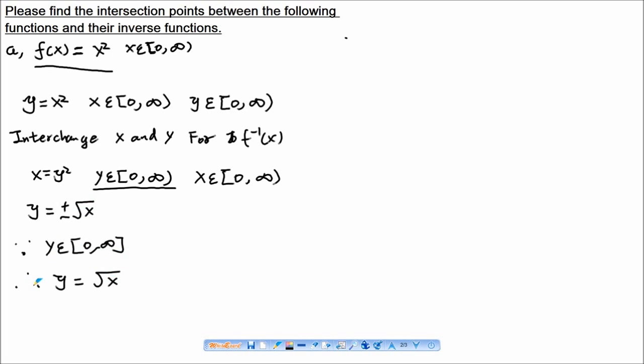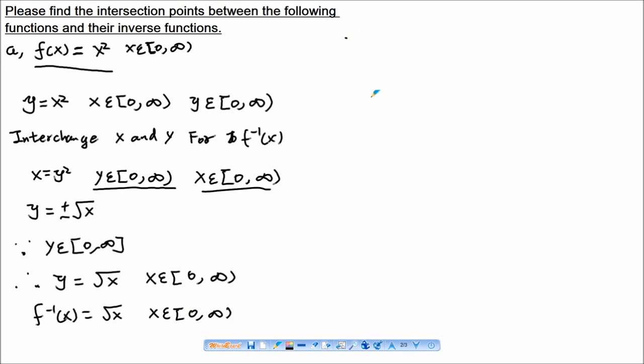So my inverse function is square root of x, and the domain is from 0 to infinity.